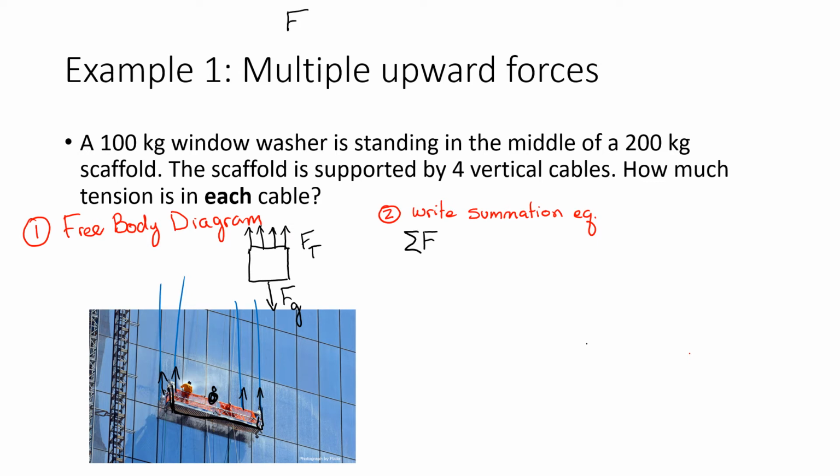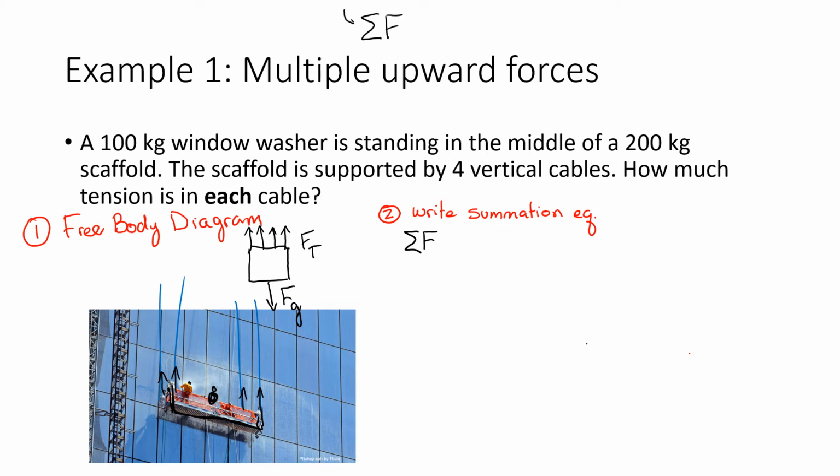Some physics teachers like to write the net force as F net. Personally, as a physics teacher, I don't like that because it can very easily be confused with Fn for the normal force. And I feel like students understand better what F net means when I write it this way.